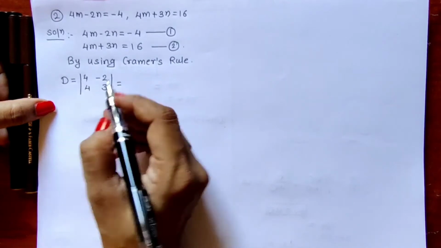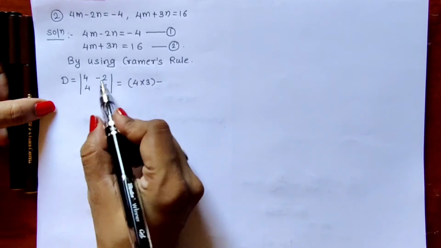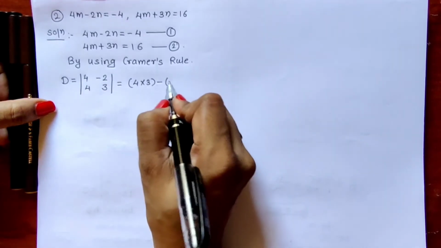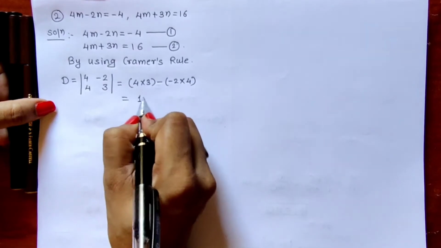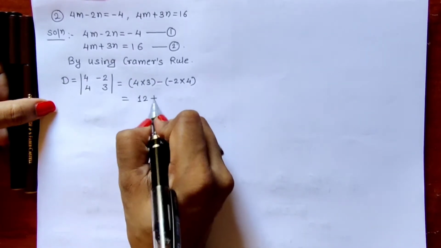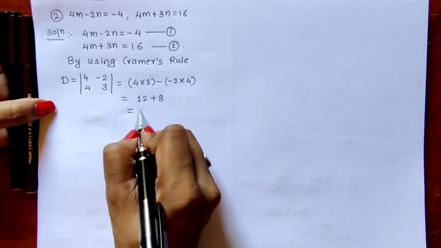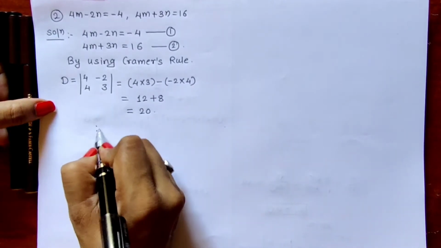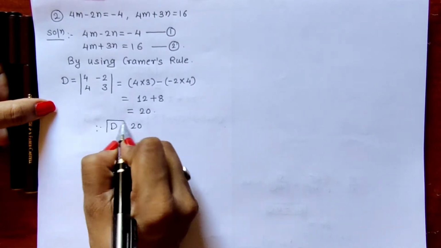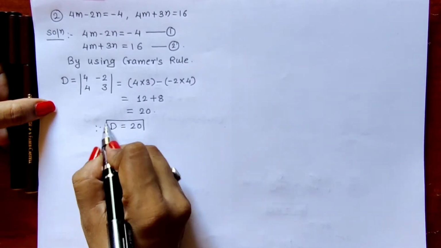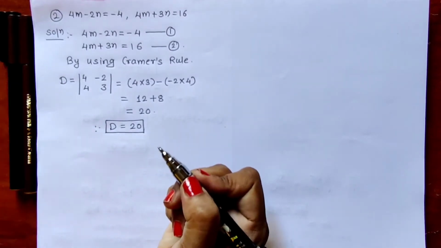Now cross multiply: 4 into 3, minus sign, then minus 2 into 4. 4 3s are 12, minus minus will become plus, 2 4s are 8. 12 plus 8 is 20, and therefore we have got the d value as 20. Every time write these values properly, put them inside a box, so it will enhance your presentation.